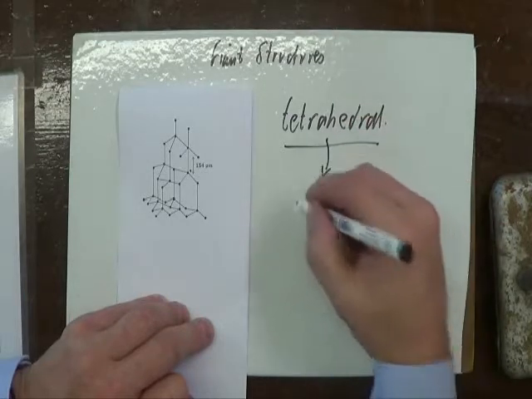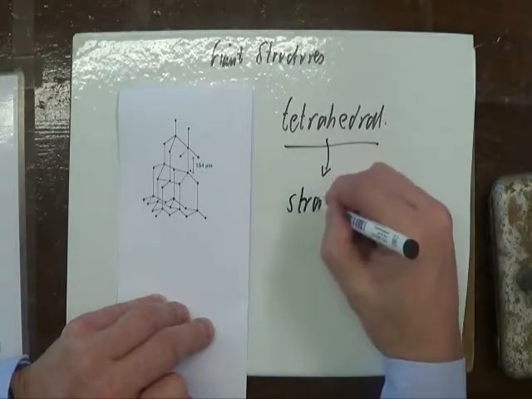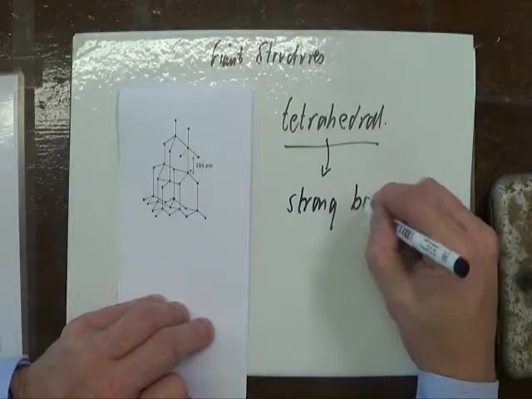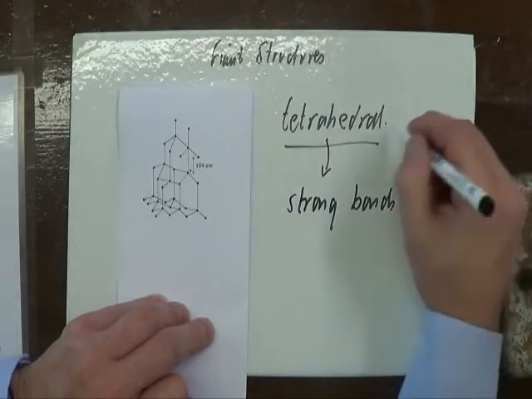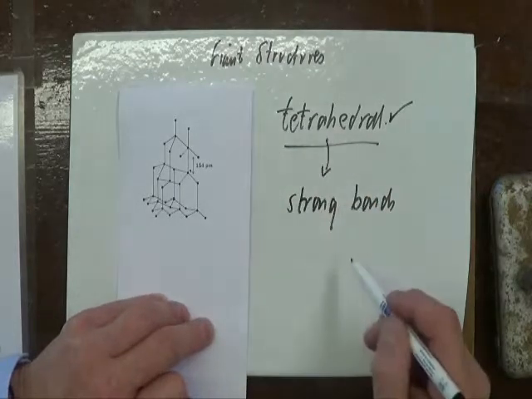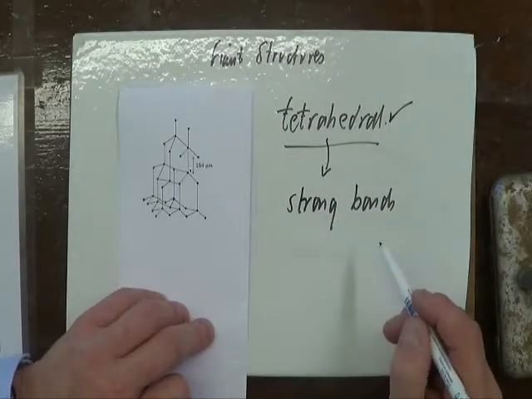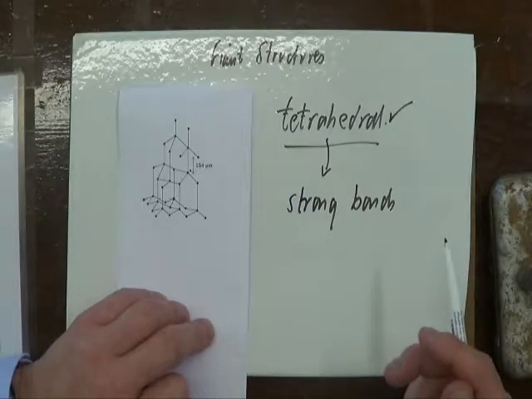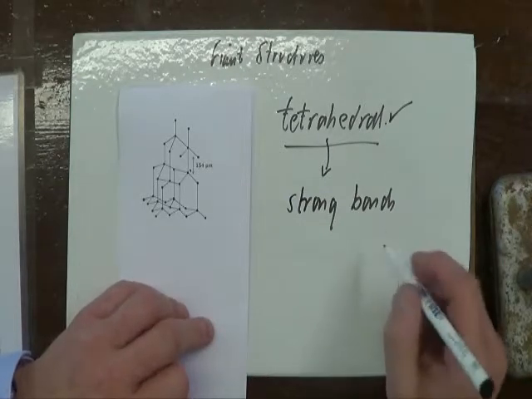They are also very strong bonds in there because they're such short bonds. And the combination of those two things make it very difficult to compress, so it's very hard. That's why it's used in cutting tools. Okay, the ends of drills where people are cutting through rock and very, very hard structures.